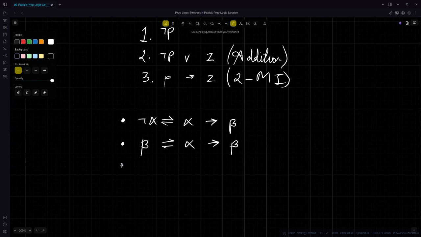There's another way to make conditionals. Let me write it in metalinguistic variables. Let's say you have alpha and beta. That will give alpha implies beta.